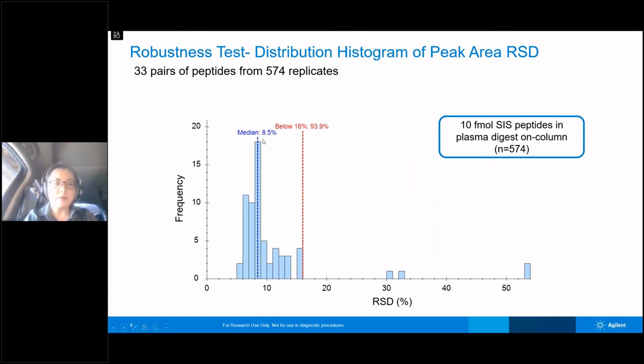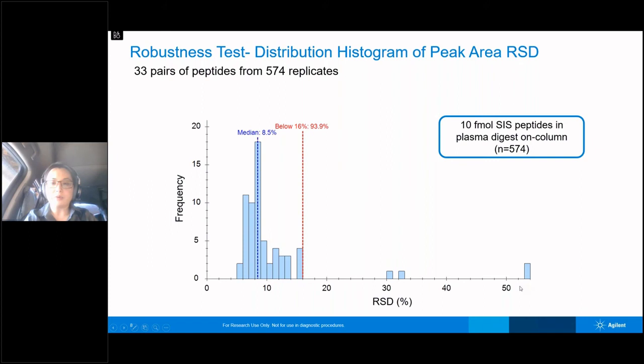A median of 8.5% RSD was achieved for all the peptides, and for almost 94% of peptides, their RSD is below 16%. We only observe 2 pairs of peptides which have a relatively higher RSD, and then we look at what caused this high RSD.